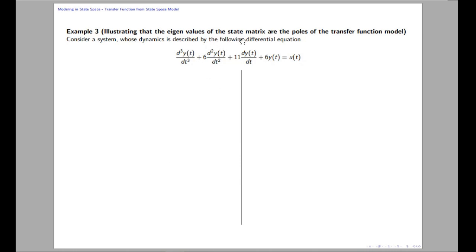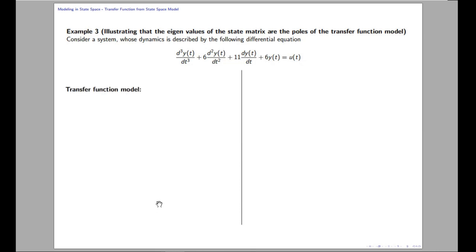And also I will get the state space model of the system, and then I will get the state matrix, and from that matrix I will get the eigenvalues of the system, and we will see that the eigenvalues obtained from the state matrix and the poles obtained from the characteristic equation of the transfer function model will be the same. Okay, so that is what is going to be illustrated through this example 3.